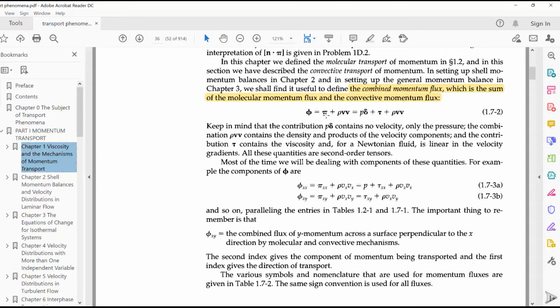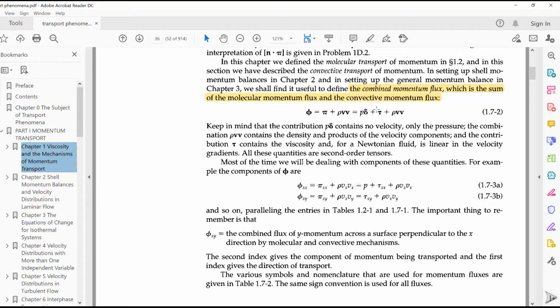In here, the first term gives the forces acting on the body of the volume, and the second term is also a molecular transport of momentum. The third term is the convective transport of momentum. So we divided this term into two terms.